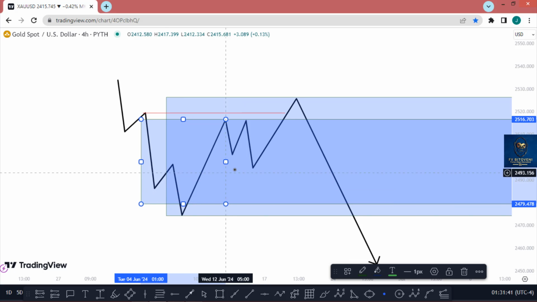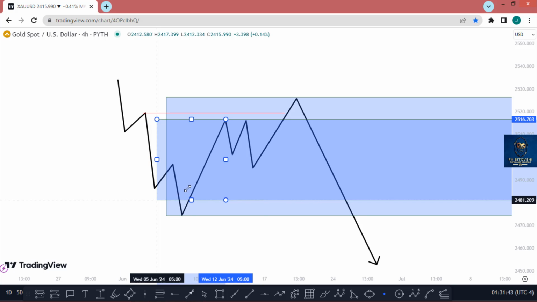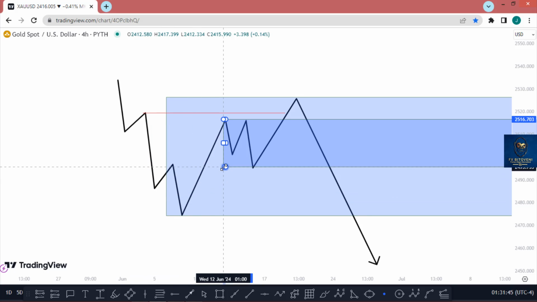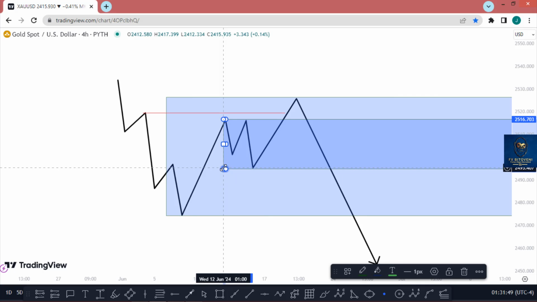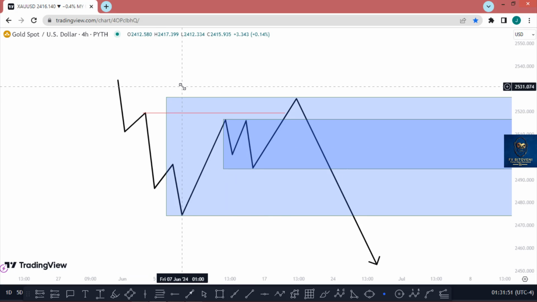So this is gonna be your refining the POI. You are refining the POI.